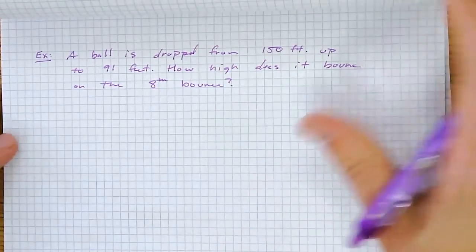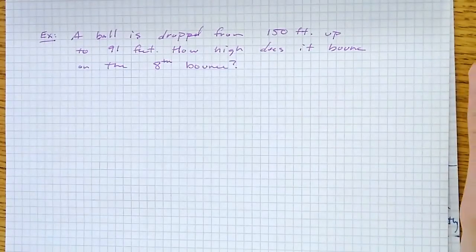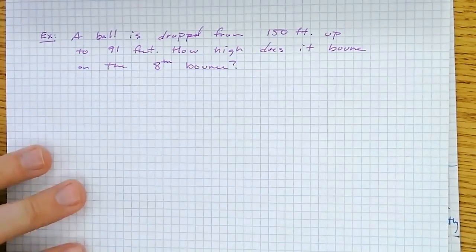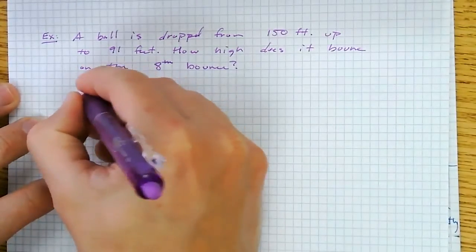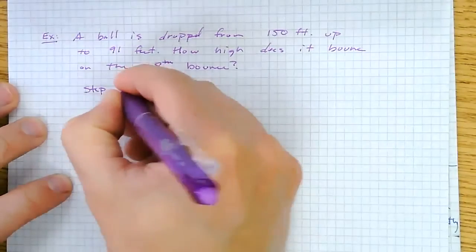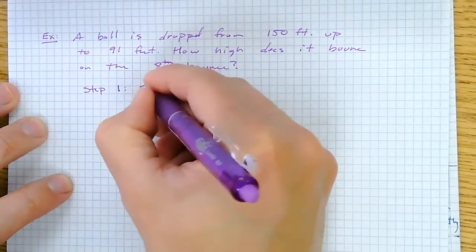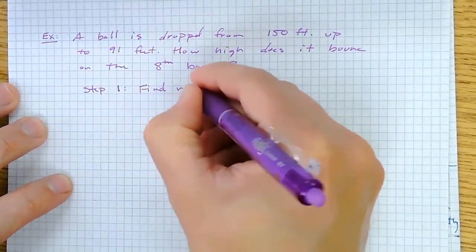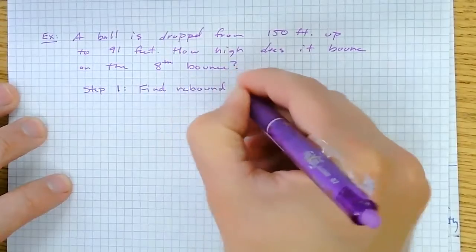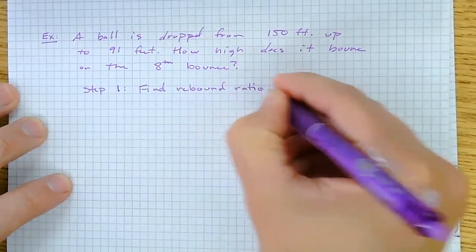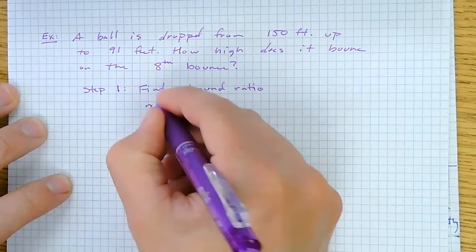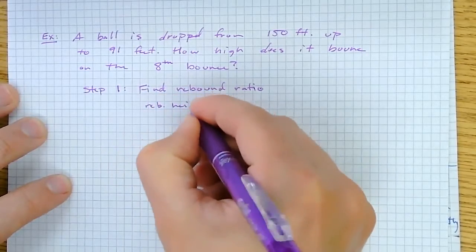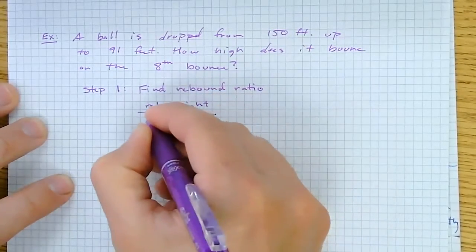Okay, so here, a ball drops from 150 feet up to 91 feet. How high does it bounce on the 8th bounce? So step 1, find our rebound ratio, which again is rebound height divided by our starting height.